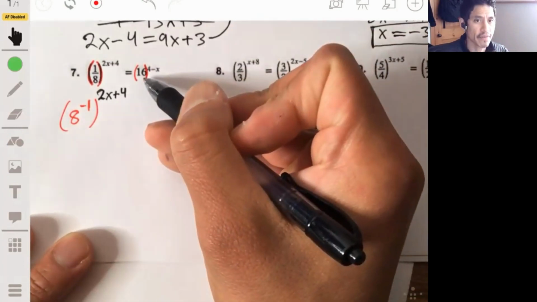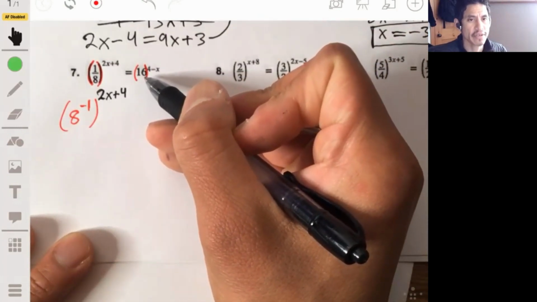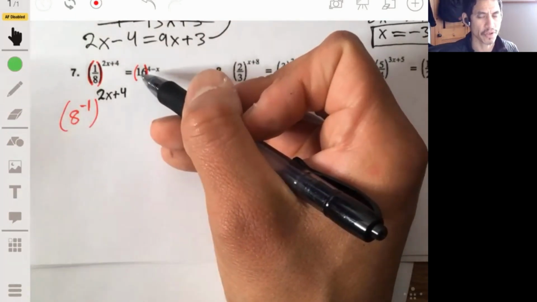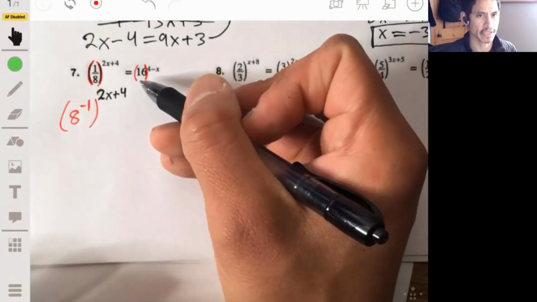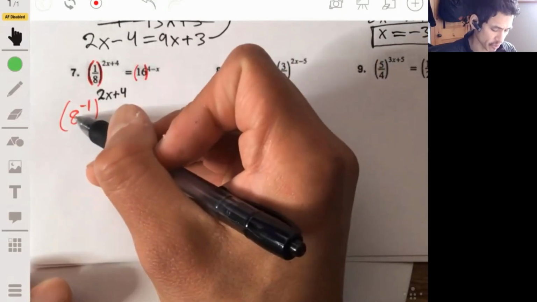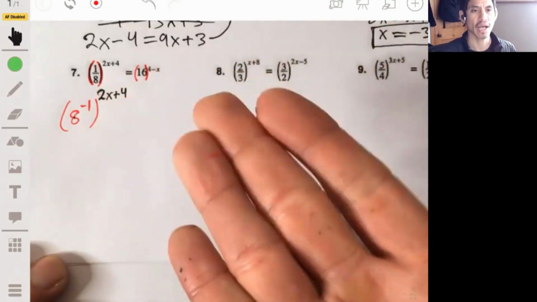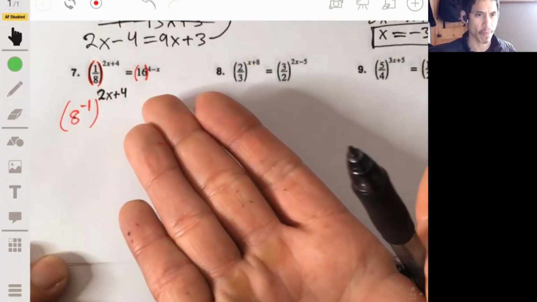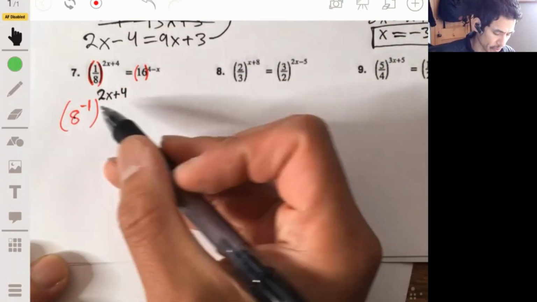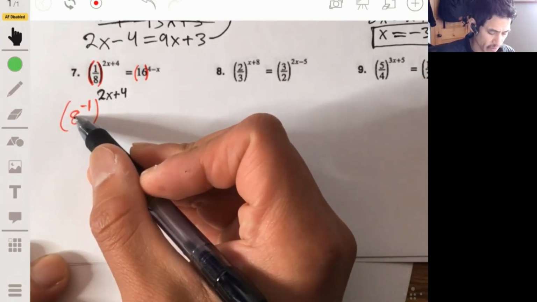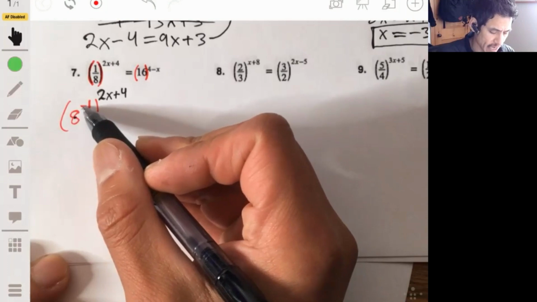Now, the thing is, you can't make them both have bases of 8. Don't confuse the 8 with 16 being divisible by 8. But what you can do is rewrite the 8 as a base of 2. So you can rewrite this 8 as 2 to the 3. So what you have is 2 to the negative 3.